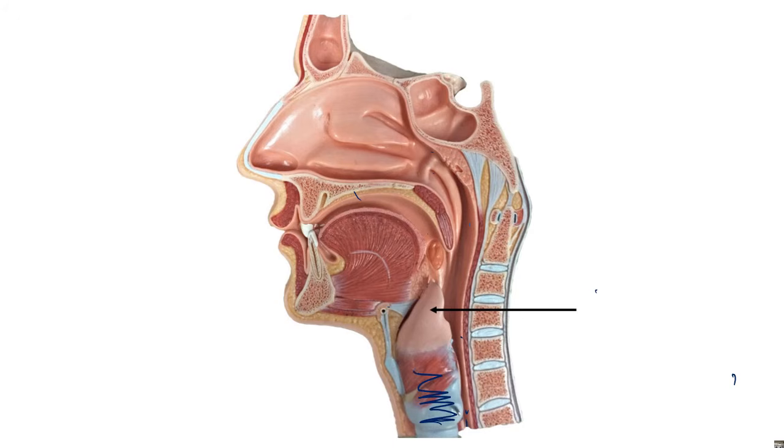The larynx is right here, but the way that it's been cut makes it kind of hard. The thyroid cartilage would be right here and would be wrapping around, and then the cricoid cartilage is right here. And then you can see the piece that comes up right here is the epiglottis. And then right back there, that goes into the esophagus.